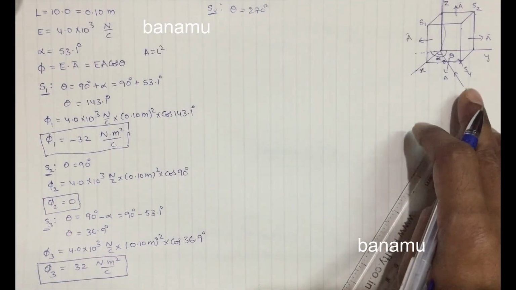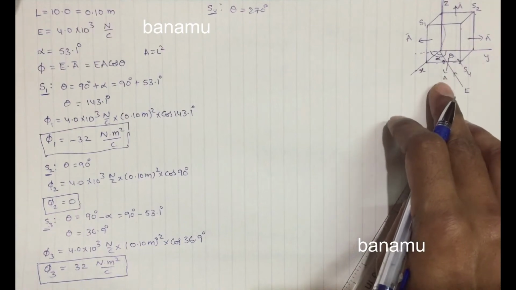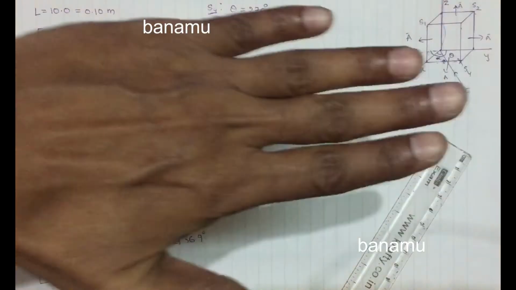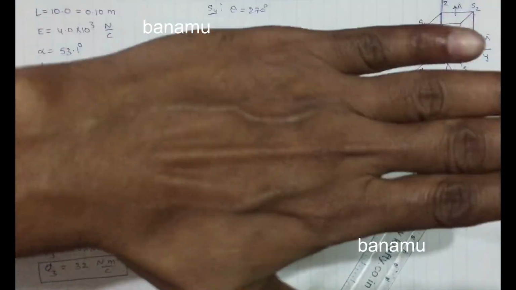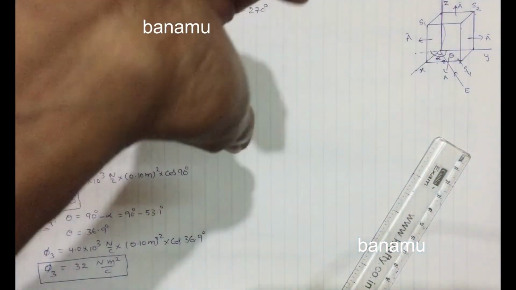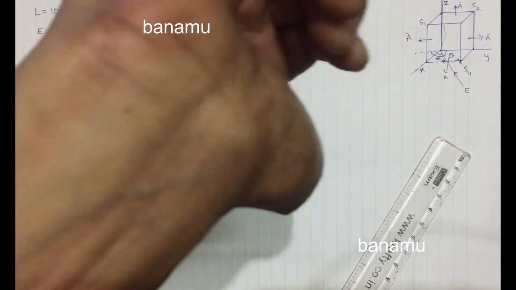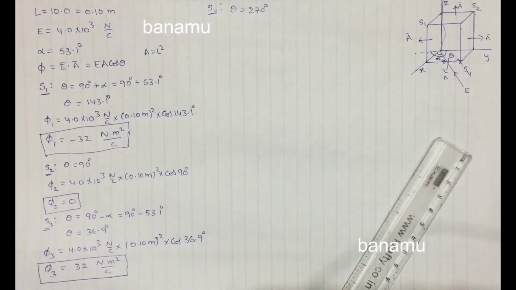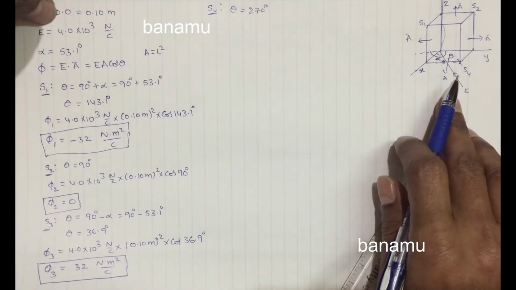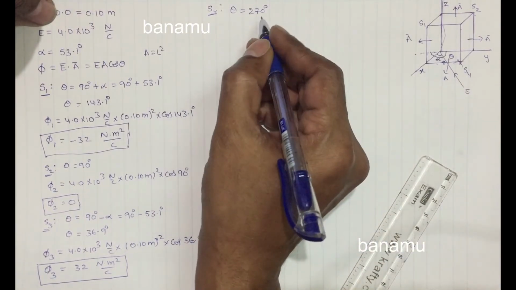The unit normal vector is downwards to the surface S4, indicated by the thumb direction. So the angle between the electric field and the unit normal vector is theta equal to 270 degrees.